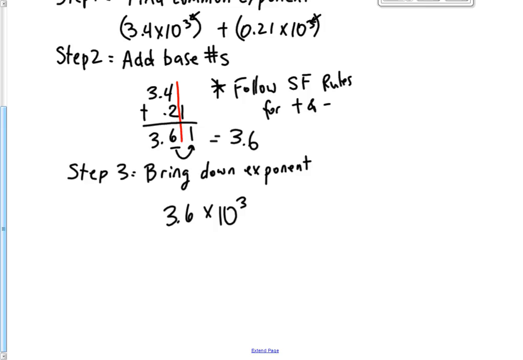So our answer is 3.6 times 10 to the third. And again, significant figure rules: when we're adding and subtracting, this number had 1 decimal place, and this number had 2 places after the decimal. So our answer can only have 1.